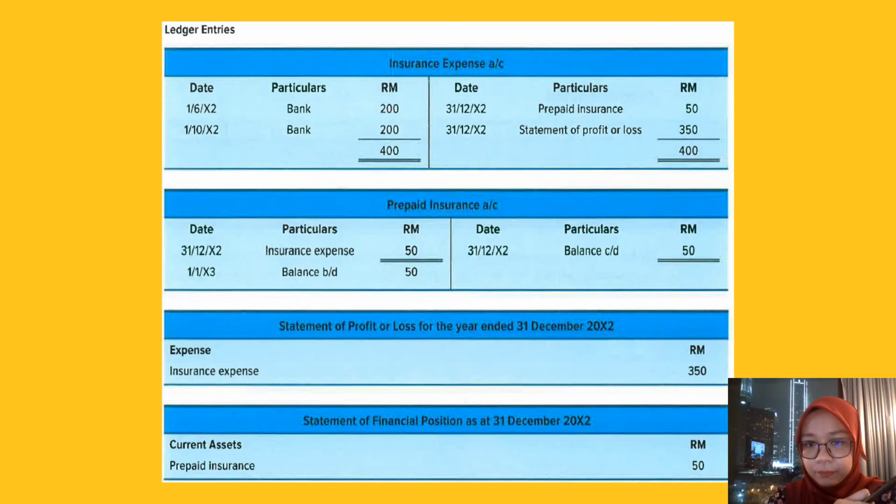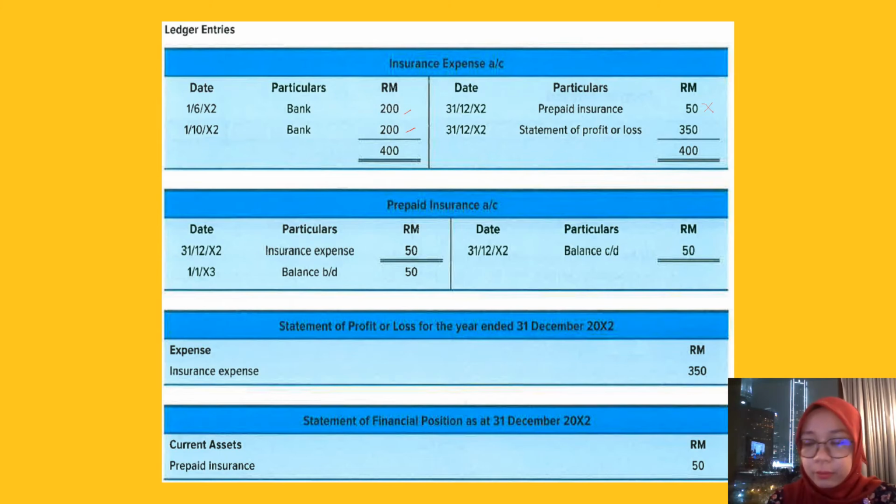So after all the journal entries, this is the ledger. When we transfer from the journal, we recognize the payment, and then we take out the prepaid amount, because it will be incurred next year, not this year, so we have to take it out.